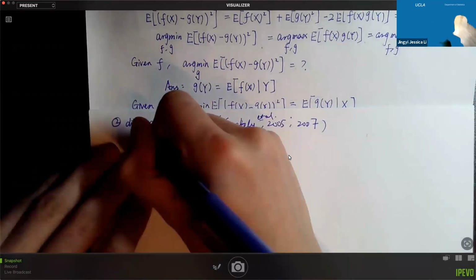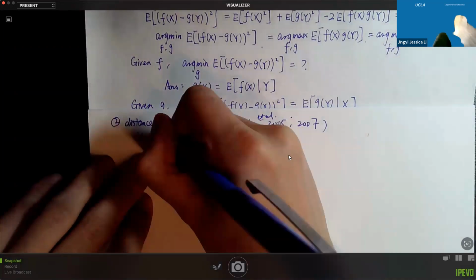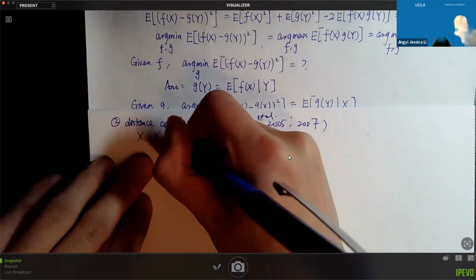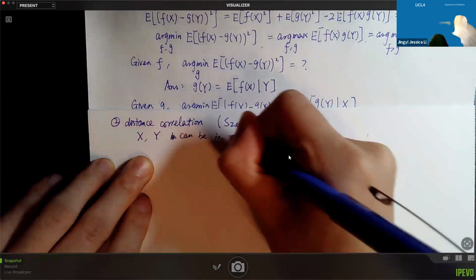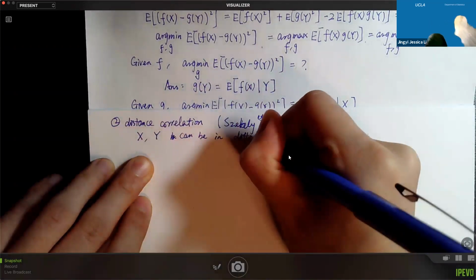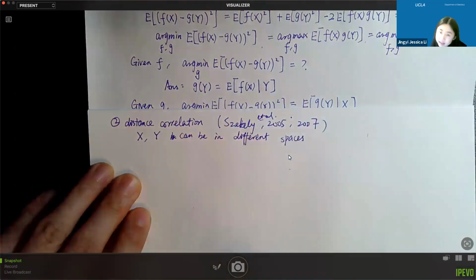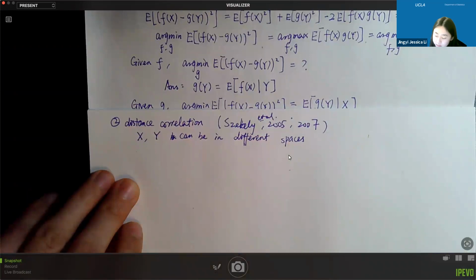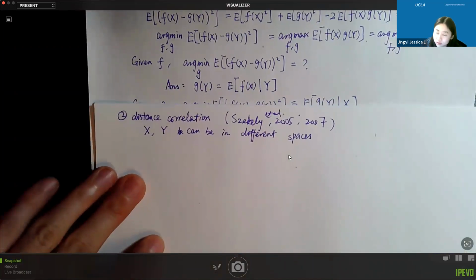So the two random variables, x and y, can be in different spaces. Like I said, each x could be a random matrix, and each y could be a random scalar or a random vector.